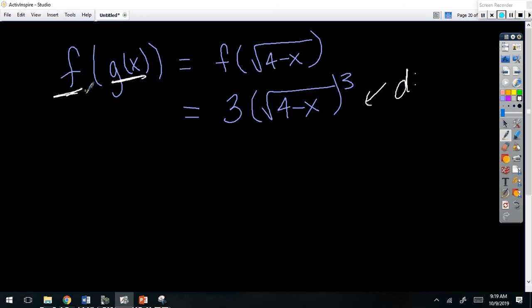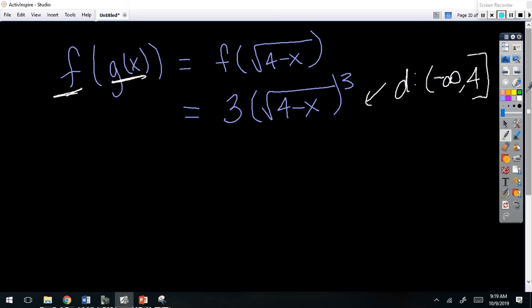So what's the domain of f? Negative infinity to infinity, right? What's the domain of g? Right? So what's the domain here? Negative infinity to 4. Do y'all see that? I'm not going to delve too much deeper into that. I don't want to lose everybody.